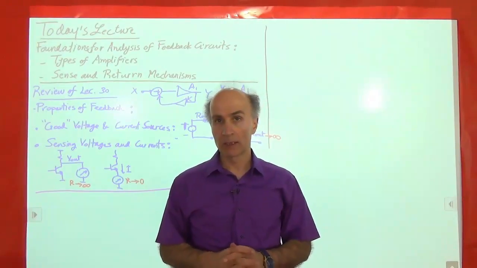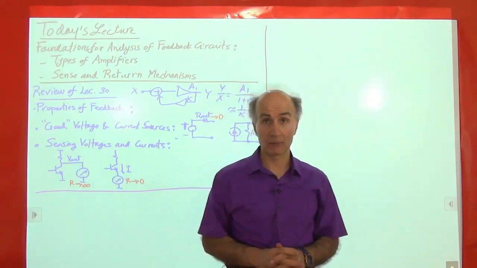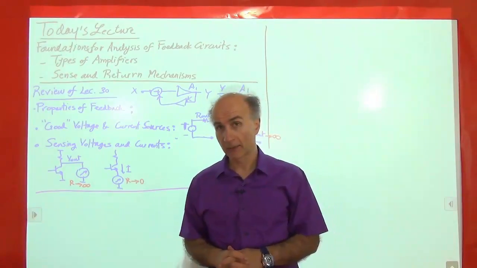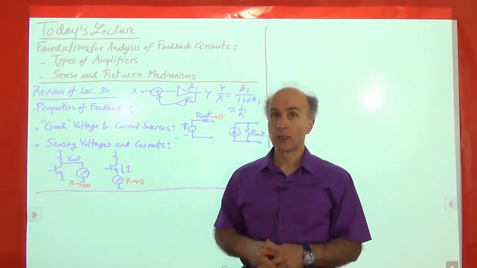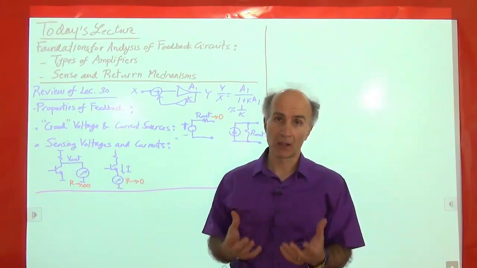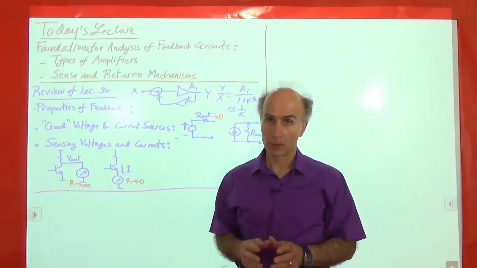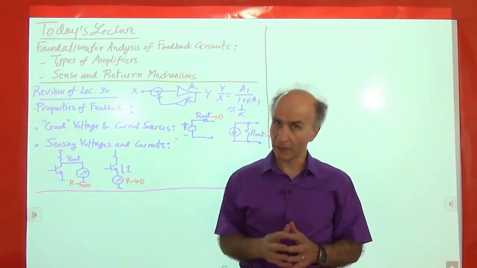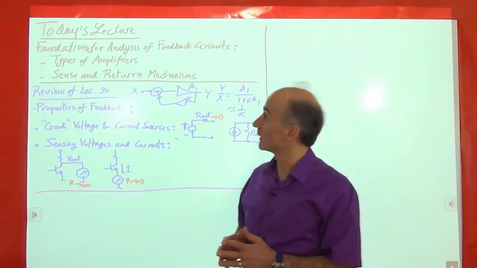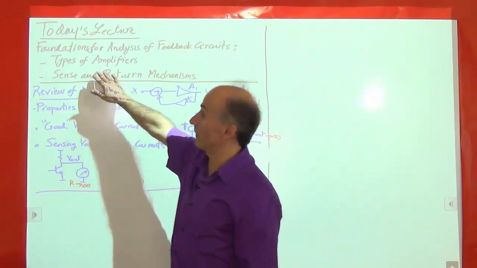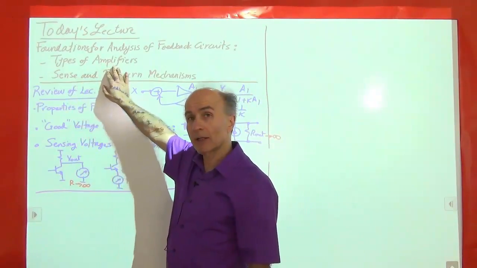Today we will continue to look at negative feedback circuits, and our objective is to reach a point where we can analyze various feedback circuit topologies. But before we go there, we still need to build some foundation, and to get there we will today talk about types of amplifiers.